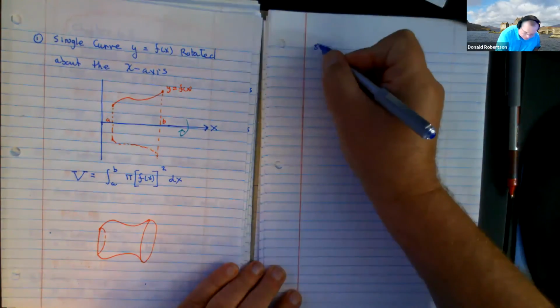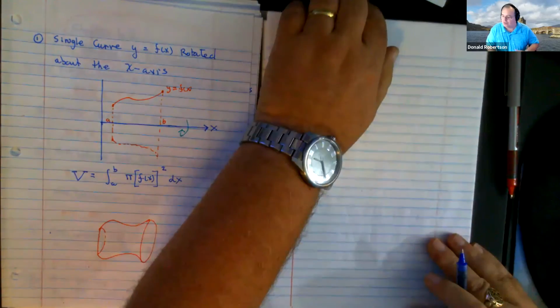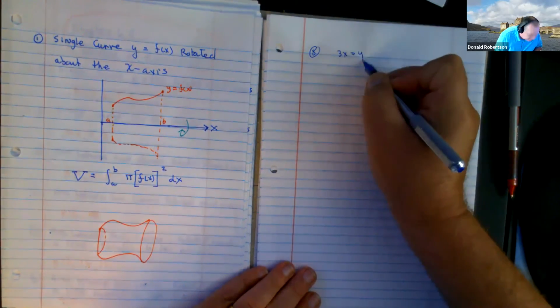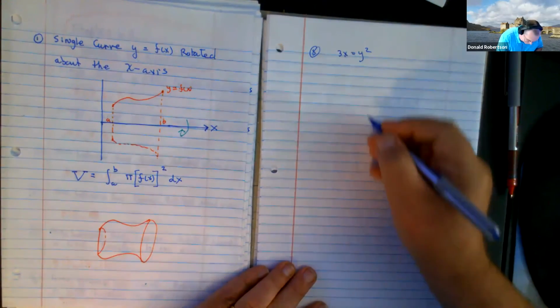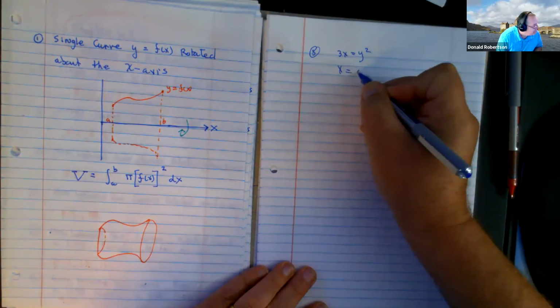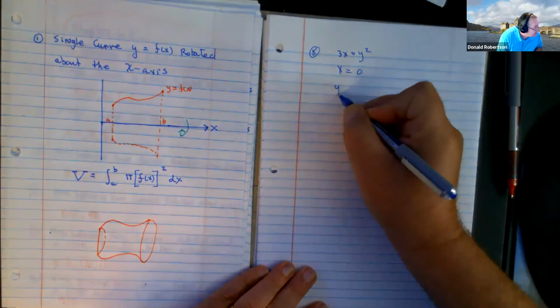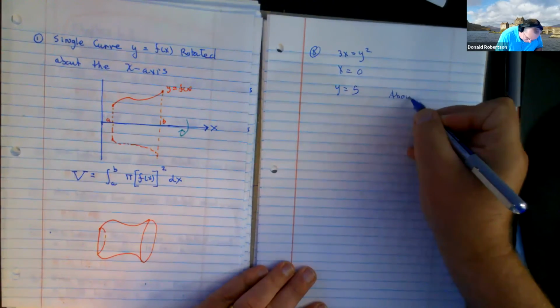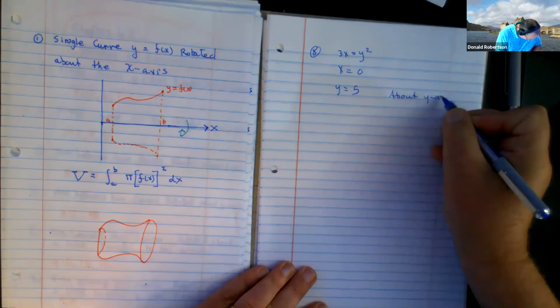But thankfully, WebAssign varies the questions, so you'll get your own version of what I just did. So it's not like you can't actually get some practice. So we're taking that guy, this piece, and this piece, and it's going to be rotated about the y-axis, the last y-axis question.